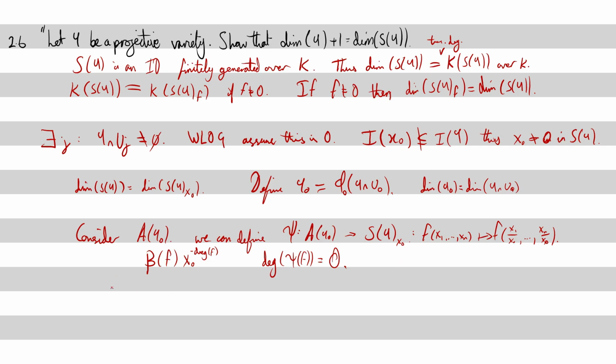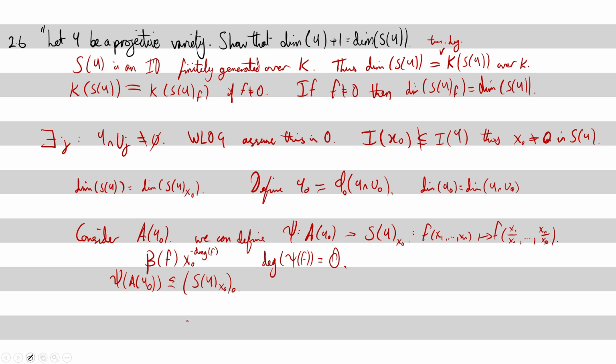Thus, the image of psi is a subset of the subring of this localization consisting of elements of degree 0.